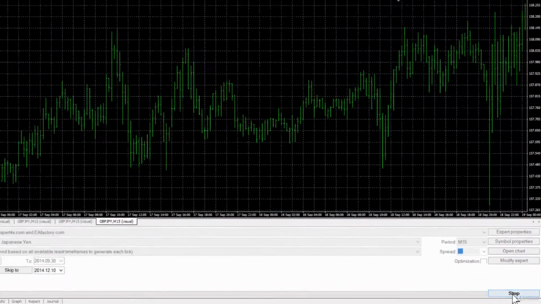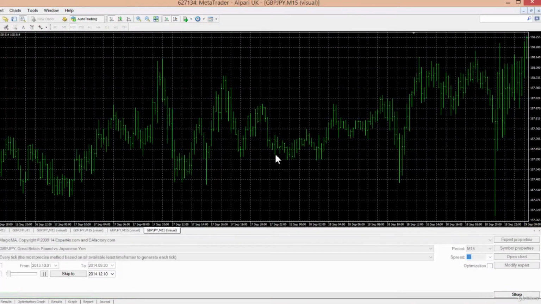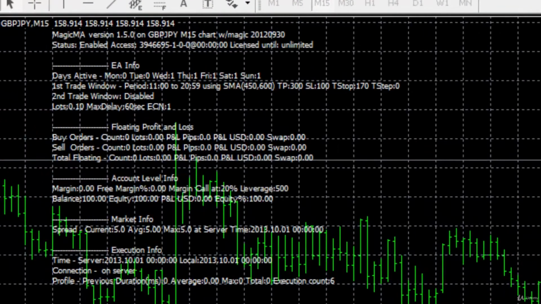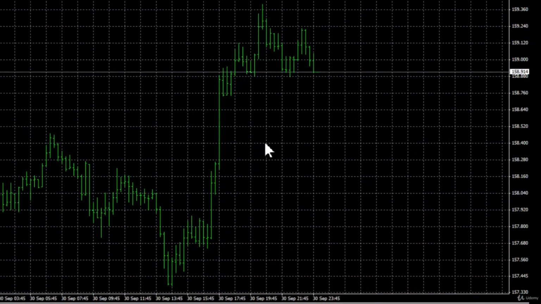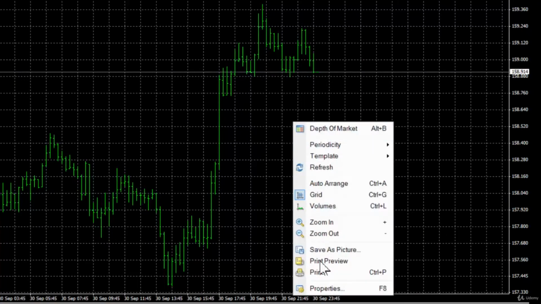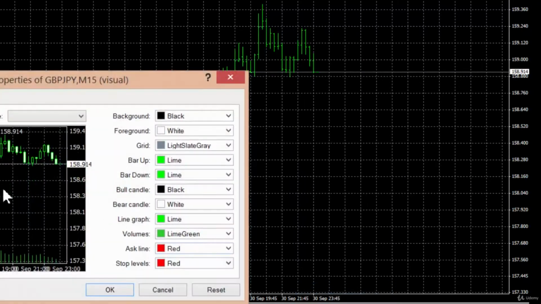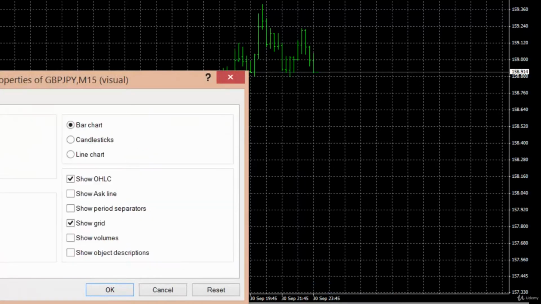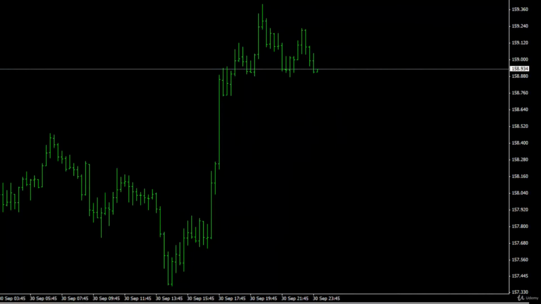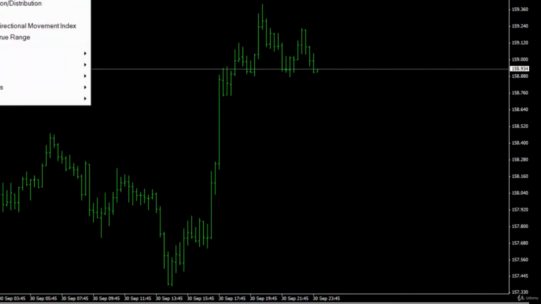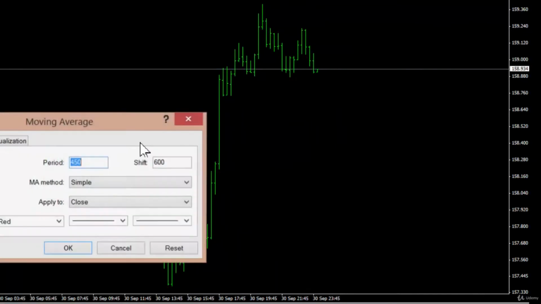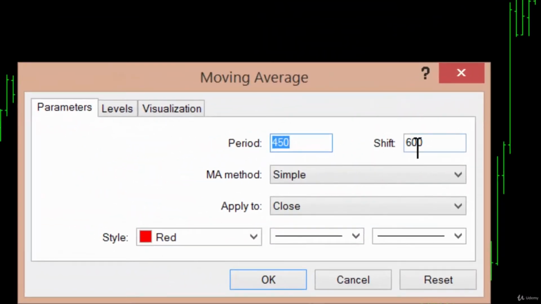So we start, and on your screen, you can now see the EA activated plus the chart itself. I'm going to just take the grid out just to try and make it a bit clearer for you to see. Also, I'm going to add the MA, 450 and 600, that's fine.